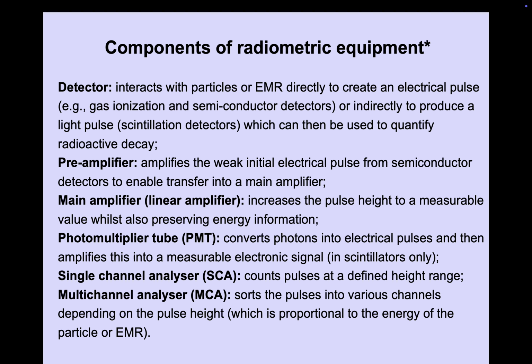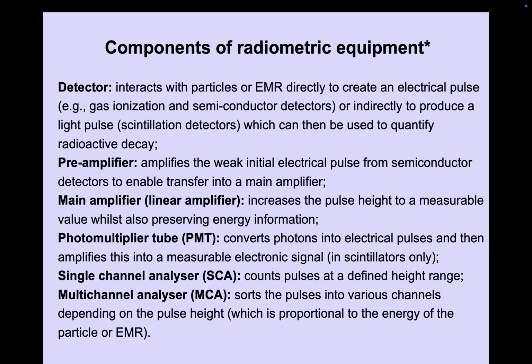We could have a direct interaction, when an alpha or beta particle or some electromagnetic radiation interacts directly with the detector, such as in a gas ionization detector or a semiconductor detector. We'll talk about both of those in the following lectures.